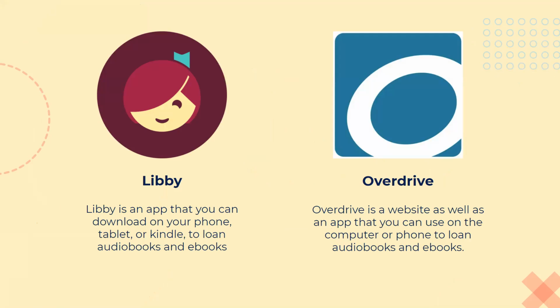Libby is an app taken from Overdrive, so it's like a baby version of Overdrive. So it's more kid-friendly, it's a little bit easier to use, you can use it more with your Kindle, and some people prefer Libby over Overdrive. Overdrive can be a little bit harder to use, but we will be going over how to use each of them.